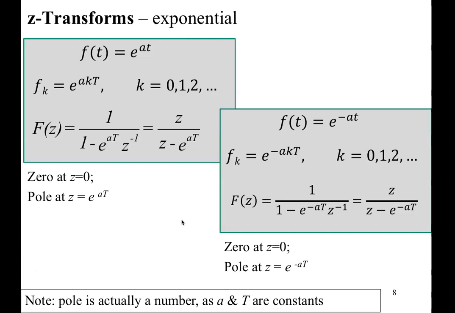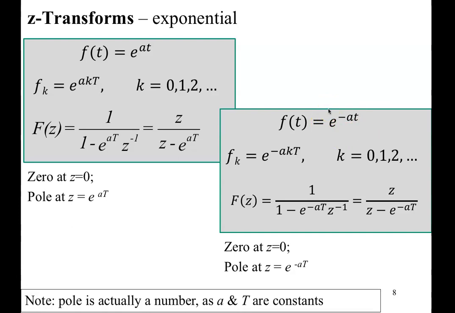Exponential functions come in two formats. I just separate them slightly differently: one is a positive power, one is a negative power. Now we know the Laplace transform of e to the power of at is 1 over s minus a. The Laplace transform of e to the power of minus at is 1 over s plus a.